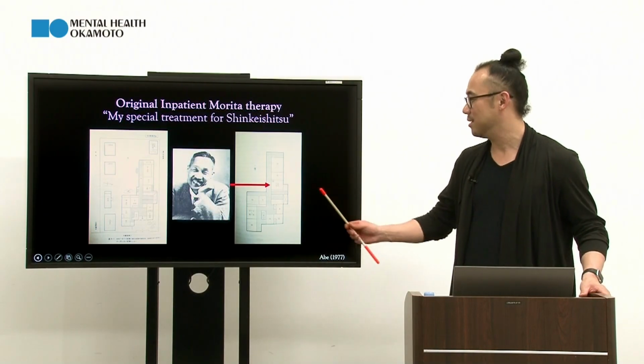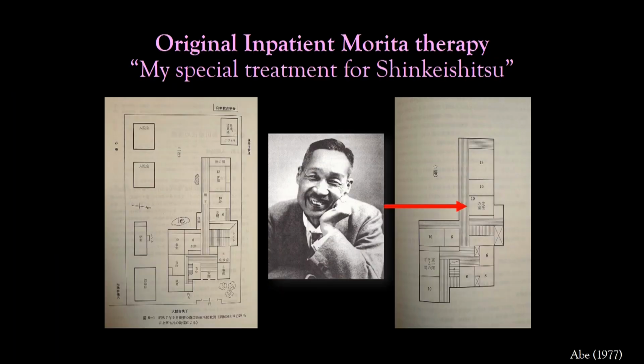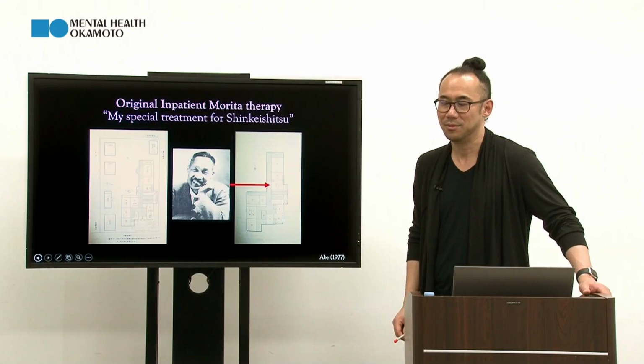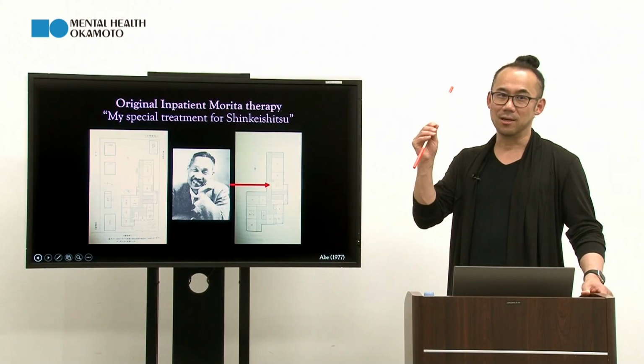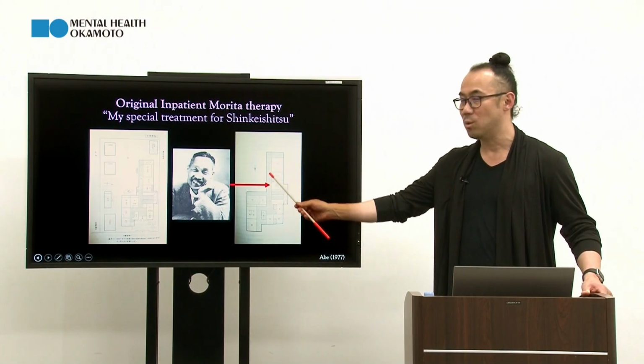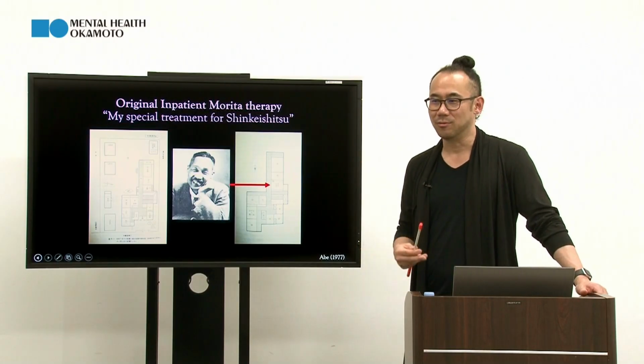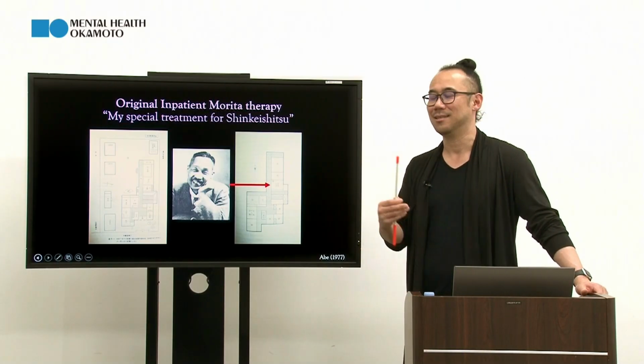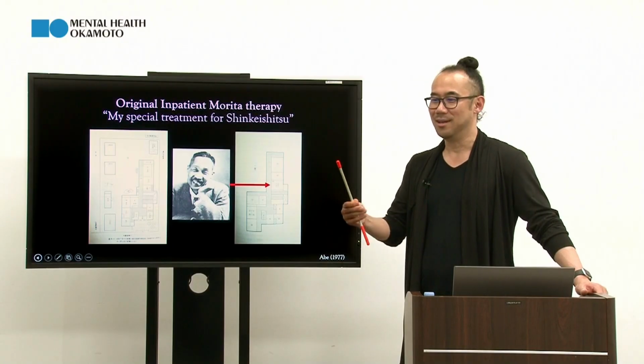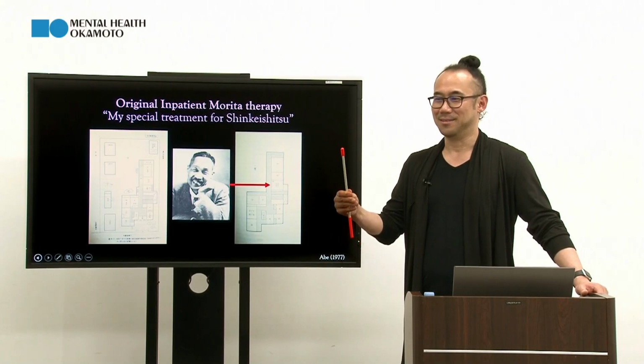This is the second floor of his house, where Morita Sensei actually lived and heard the patients. I heard this episode that one day he was watching a patient sweeping the floor. Shinkei-shitsu patients sweep the floor so perfectionistically, tightly, quickly and forcefully.